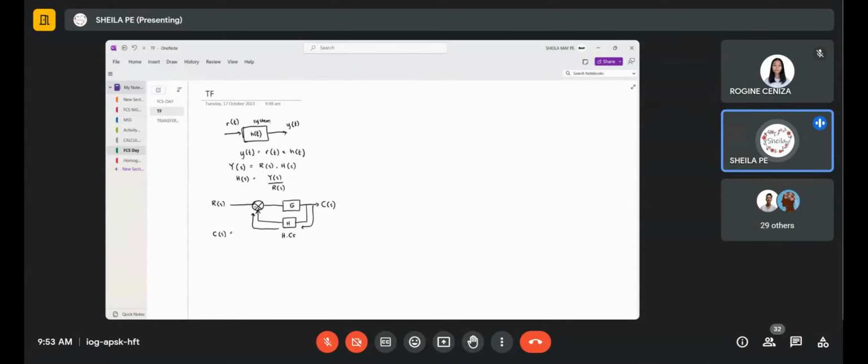And it is in negative form, or negative feedback junction. So this is R(s), we have R(s) from here. Right?